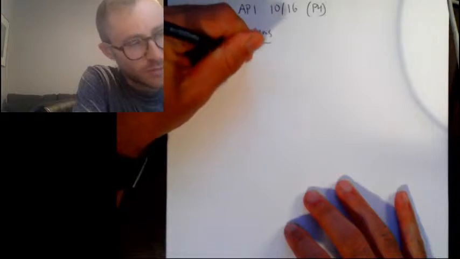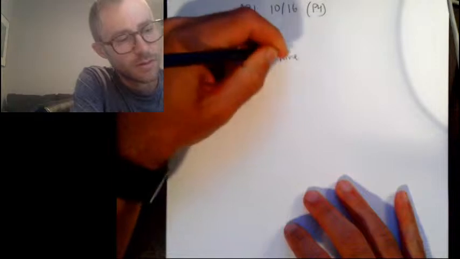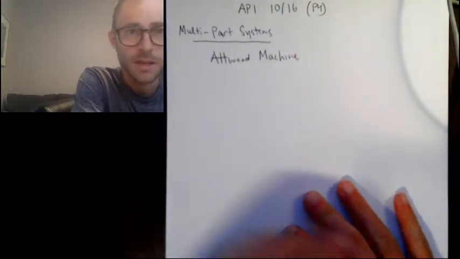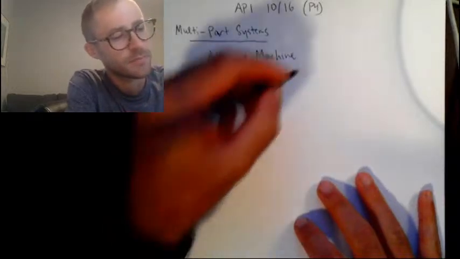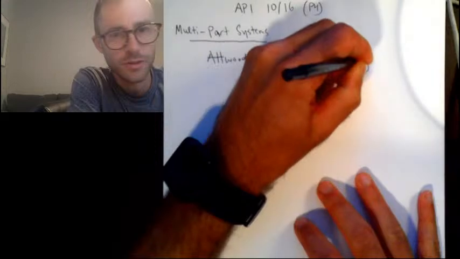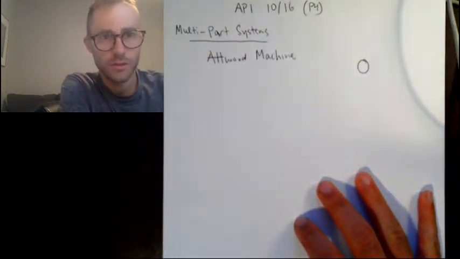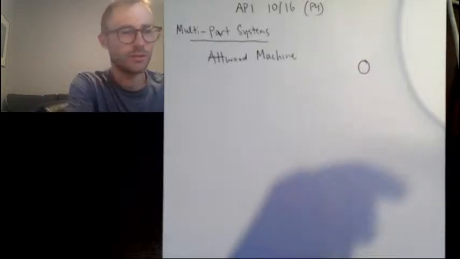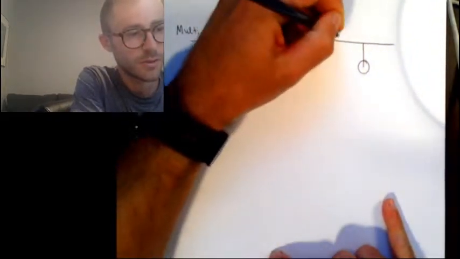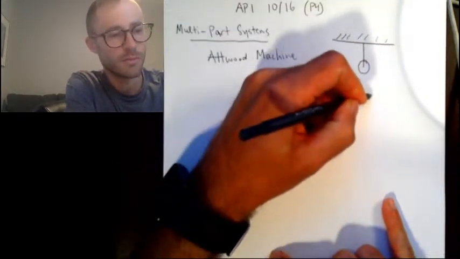So let me tell you about the Atwood machine. It's named after a guy named Atwood. And what it is, you have a pulley. So here's a pulley. Okay. And so, if you don't know what a pulley is, it's kind of connected to a ceiling or something, and it's basically a wheel that you can put a rope over.